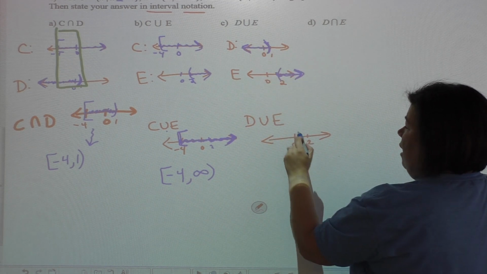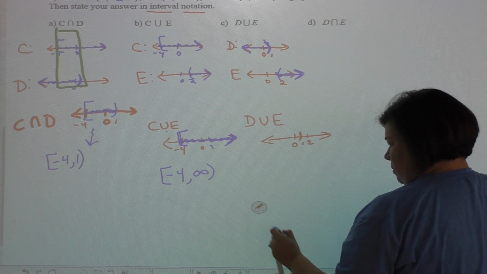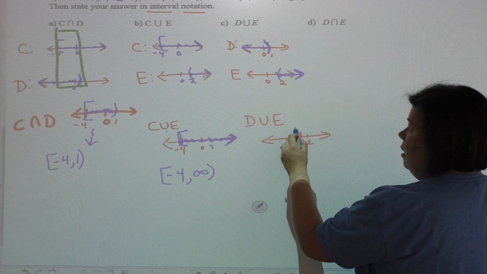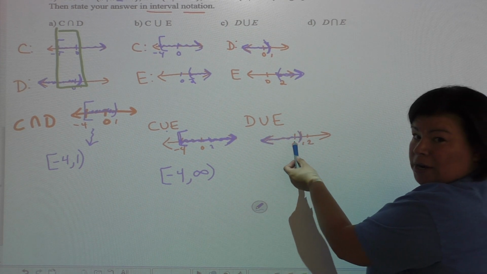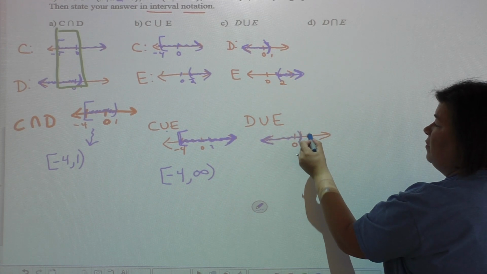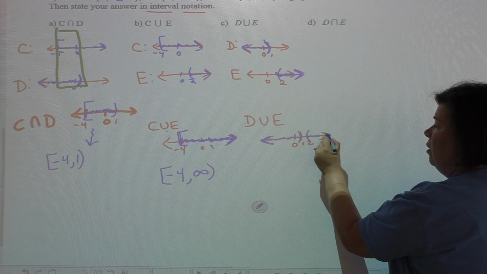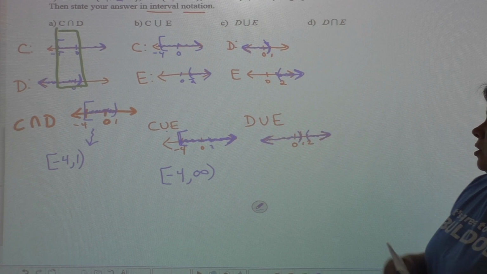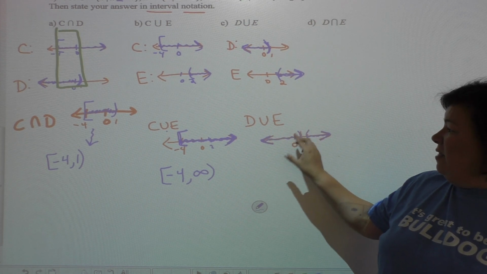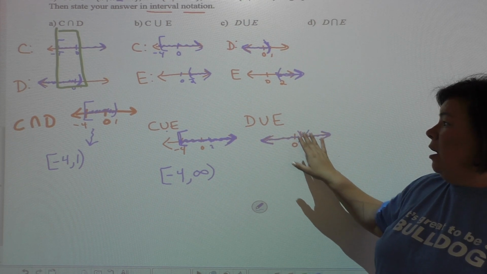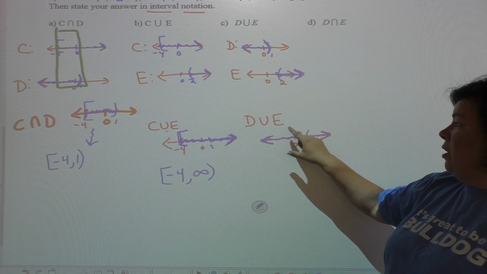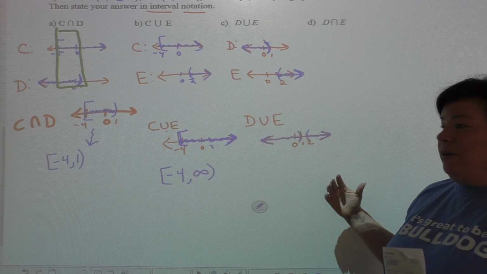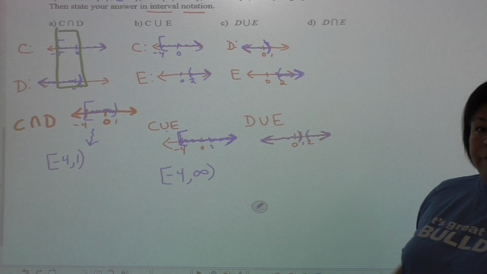So D's graph goes from, I'm going to change color there, from negative infinity all the way up till 1, not including 1. E's graph starts at 2 and goes to infinity. So that means this is the solution set where they unite. D's graph united with E's graph put together will give you this graph.